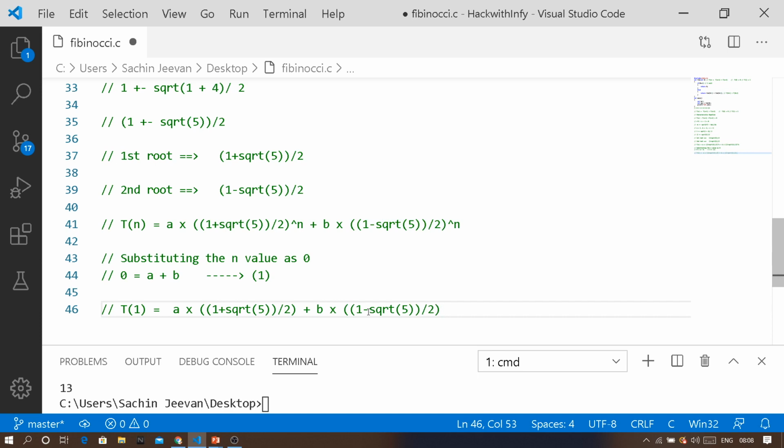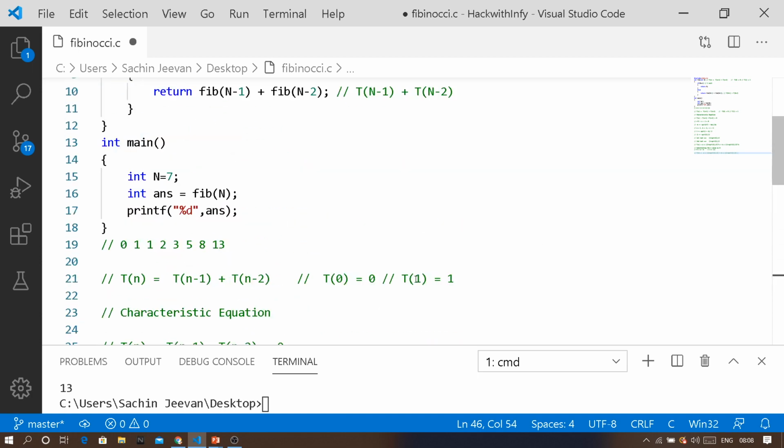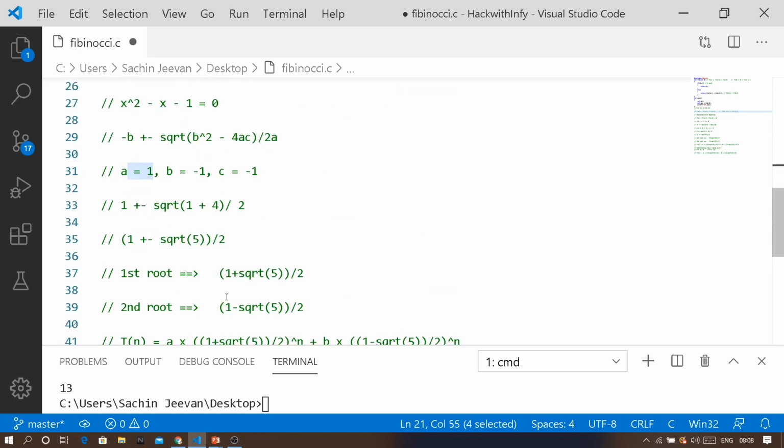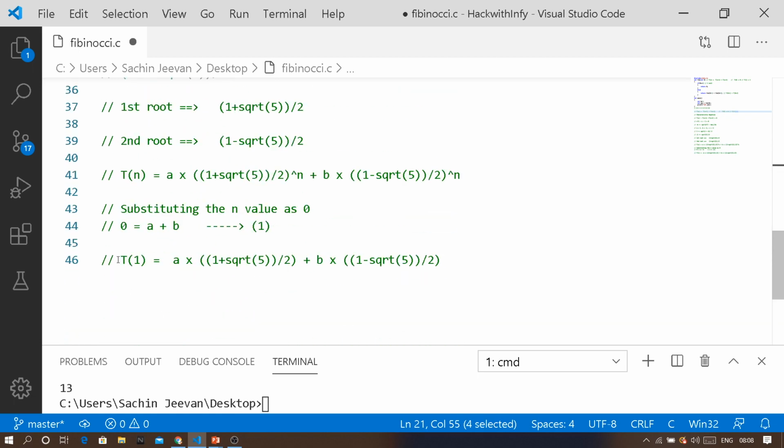Okay, fine. Now what is t of 1? t of 1 is equal to 1. So t of 1 can be substituted as 1. So a multiplied by ((1 plus square root of 5) divided by 2) plus b multiplied by ((1 minus square root of 5) divided by 2) is equal to 1.